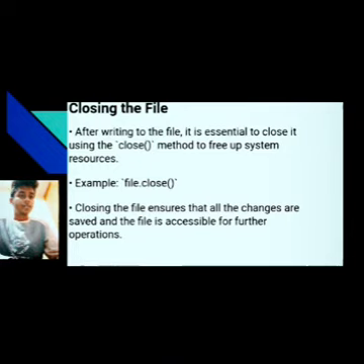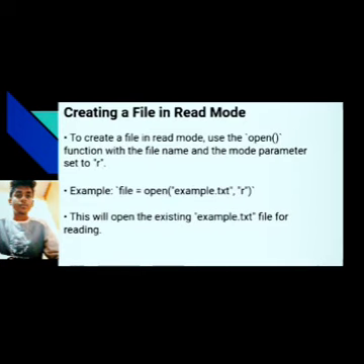After writing to the file, it is essential to close it using the close method to free up system resources. Example: file.close(). Closing the file ensures that all changes are saved and the file is available for further operations.